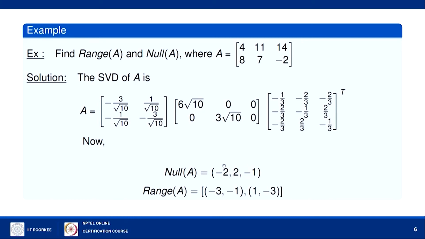So, the rank of A is 2 and the nullity of A is 1. Rank plus nullity equals 3, the dimension of R3, because A is a linear transformation from R3 to R2. So, if the singular value decomposition is given, you can easily find a basis for the range space as well as the null space.